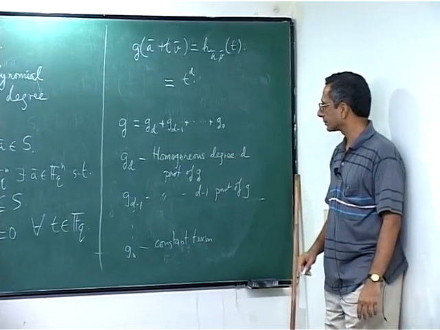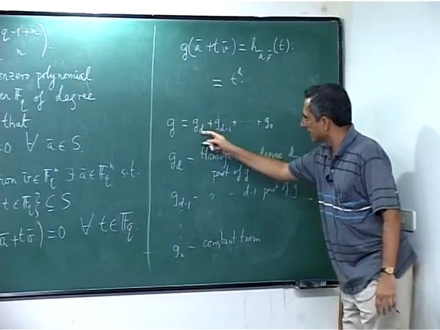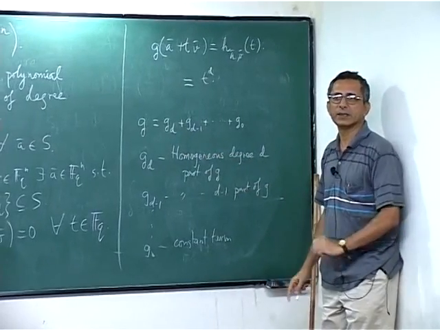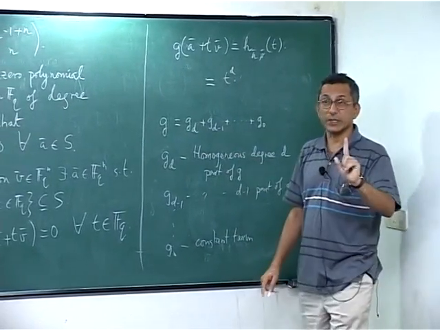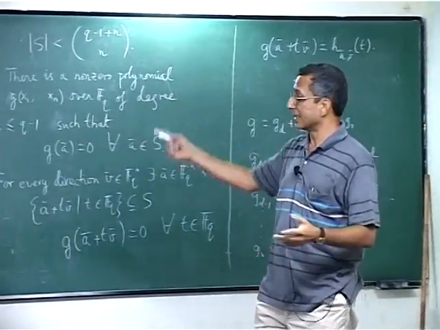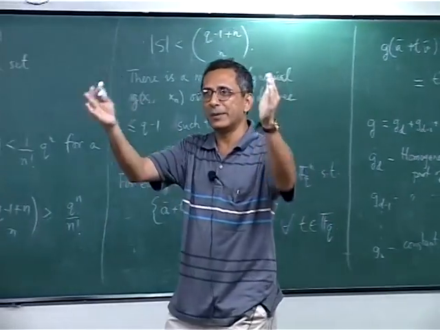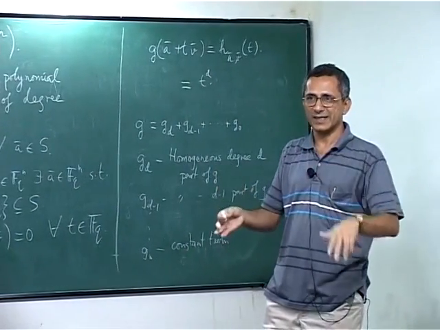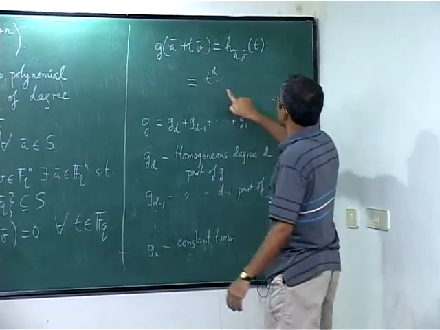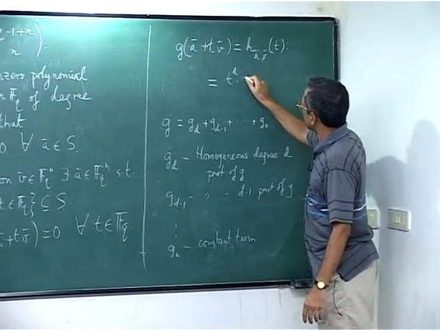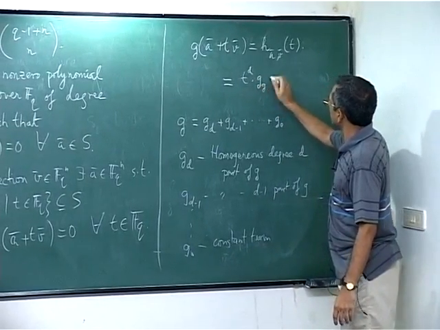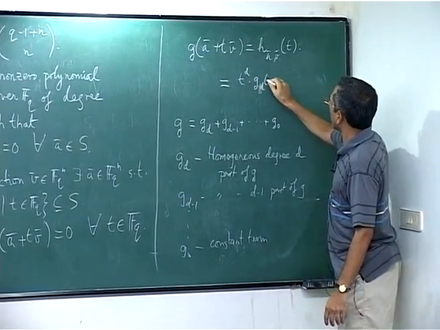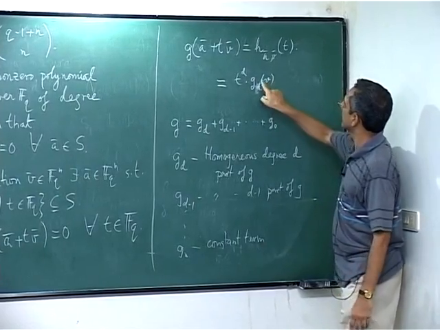Okay. So g_D is the degree D homogeneous part. I know g_D is non-zero because g is a polynomial of degree D, it has a degree D part in it. Otherwise its degree would have been D minus 1, and I would have called that D. So you have T power D times g_D of V, isn't it?